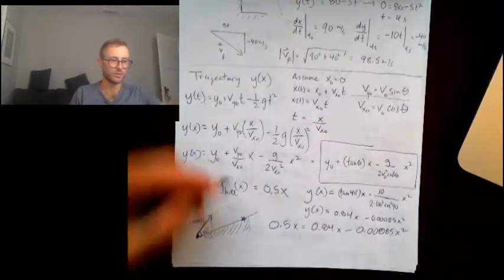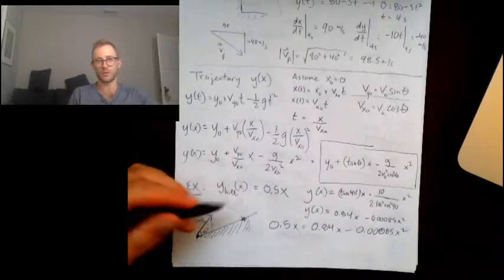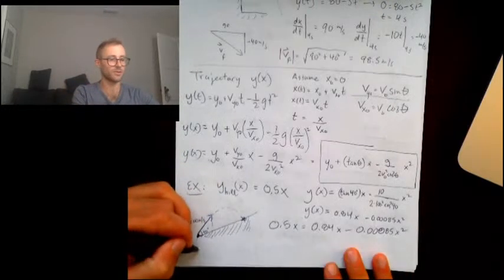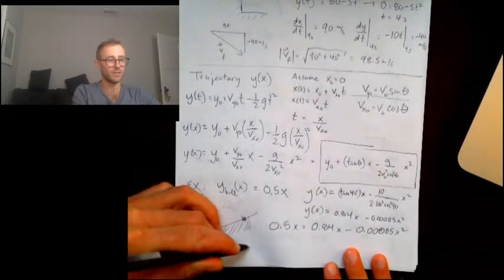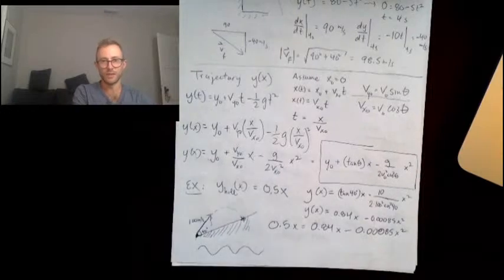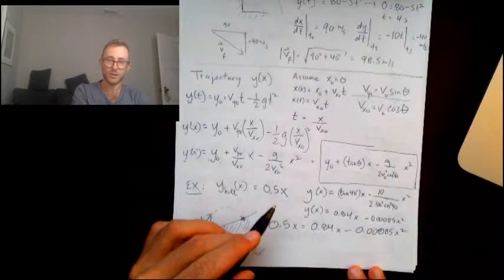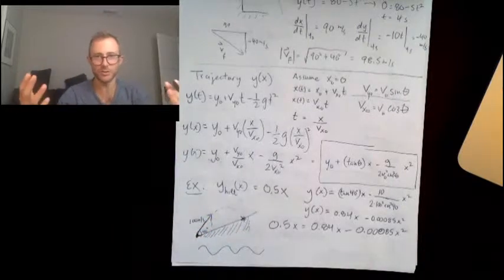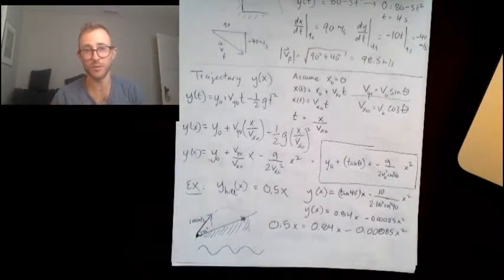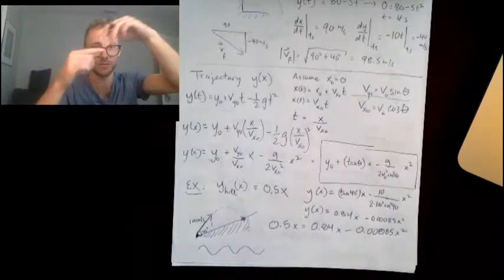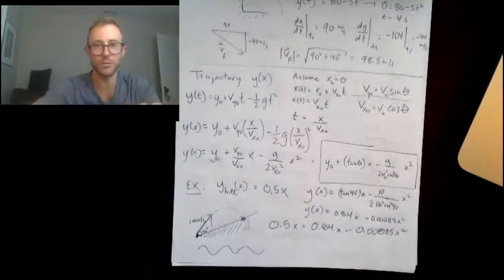But what if the hill function was like rolling hills, for example, where it's going like this? So maybe the hill function is sinusoidal, in which case you would have sine of x equal to a parabola, which you can't solve. You can't write a nice formula for that. You'd have to use a computer to graph the two functions and find the point of intersection.